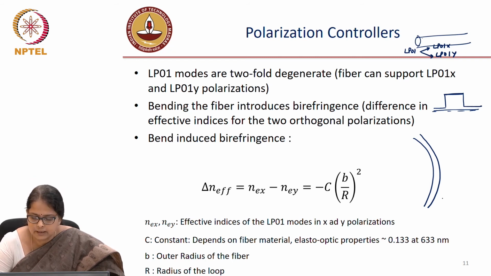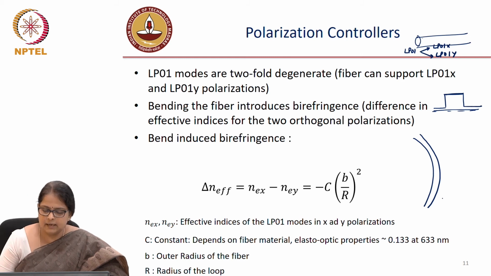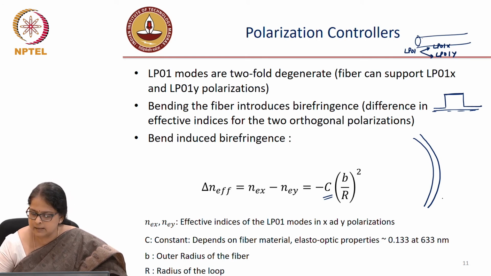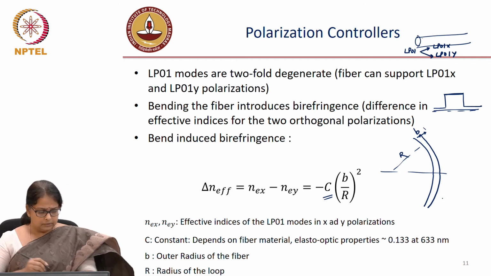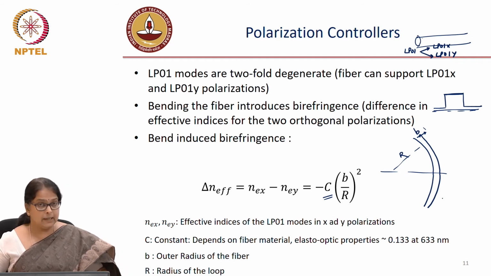And the bend induced birefringence is given by NEX minus NEY, which is C, a constant, times B by R the whole squared, where B is the outer radius of the fiber, including the cladding, and R represents the radius of curvature of the bent fiber. This constant is dependent on the elastic properties.